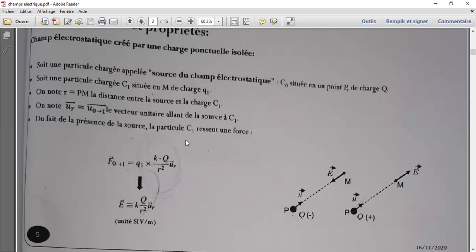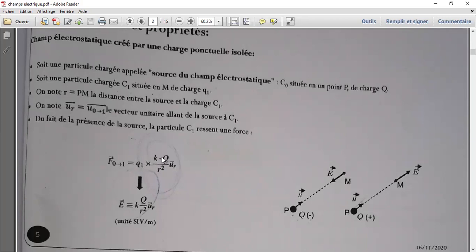So when we're talking about champ électrique, we are talking about the force which is created by one charged particle and felt by another charged particle. If you remember the formula for force, it is Q1 times constant times Q divided by R squared UR.